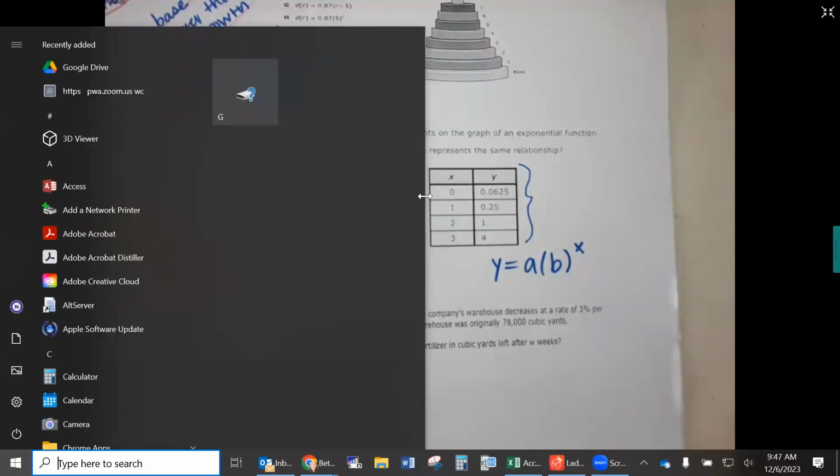So you're going to go into your Desmos, type your equation in. Let me pull mine up right here, please.